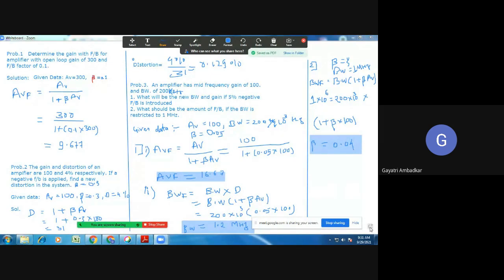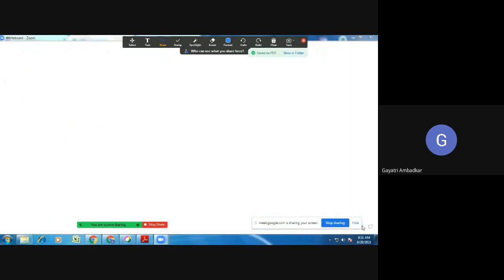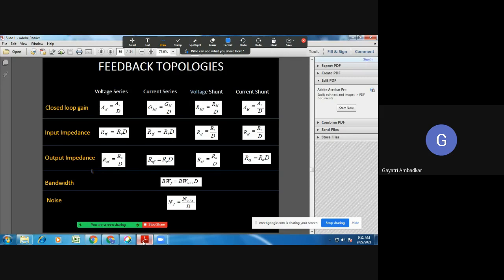So let's move on. Now we will start the next topic, oscillators. Have you heard the name oscillator?